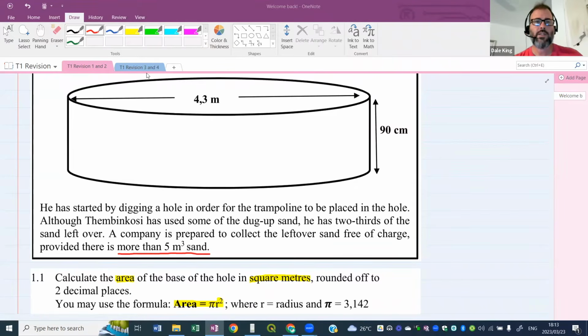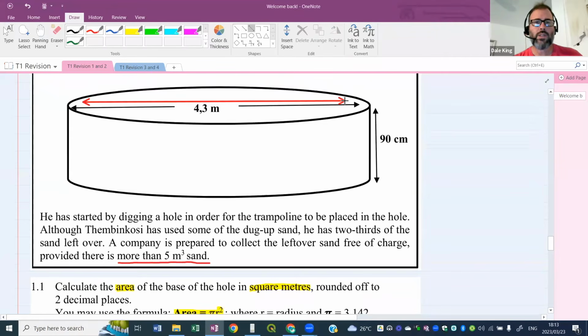Alzondi says the diameter, referring to the 4.3. Everyone's saying 4.3. Here is the 4.3 at the top, and that is a diameter. So how do we calculate the radius?